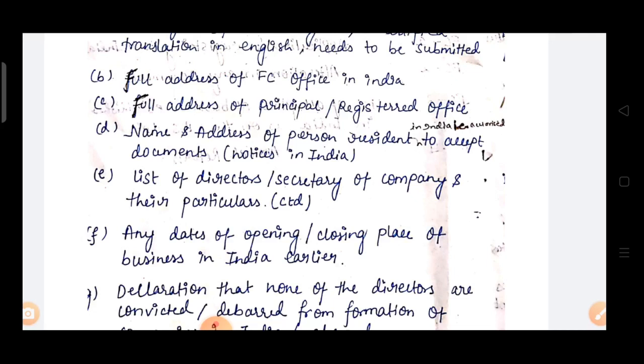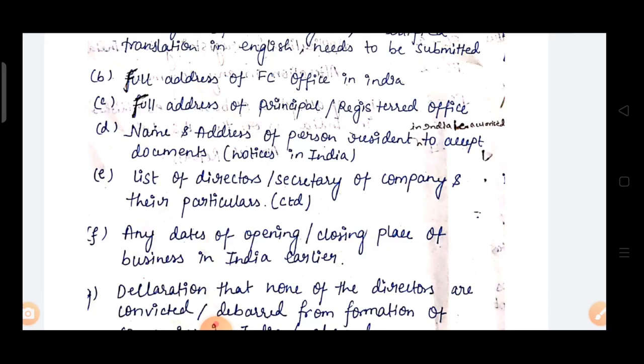When a foreign company makes an application for registration to the ROC, the ROC demands the name and address of the person who is resident in India. Why is this demanded?